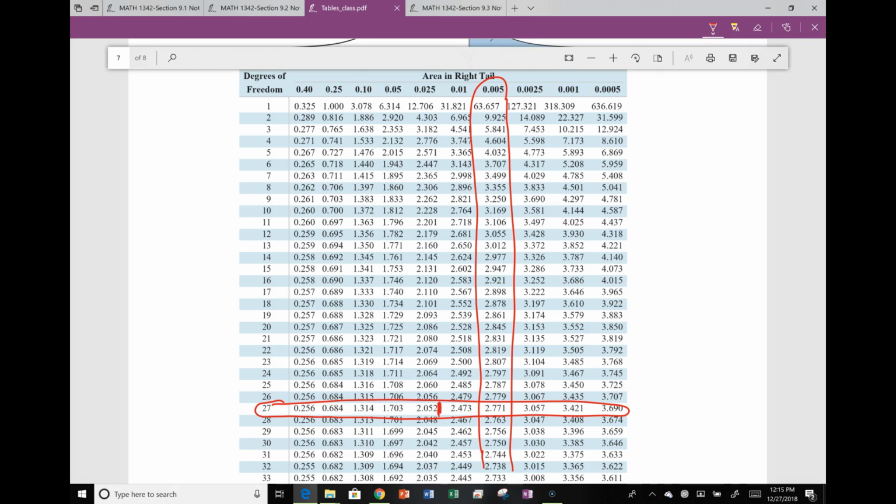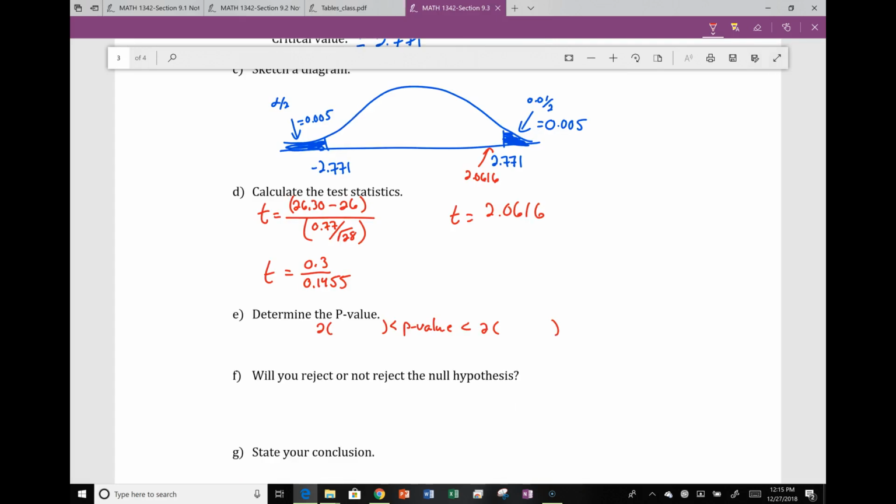It's going to be about right here. Follow that up, and it's between 0.025 and 0.01. Remember, I flip-flop them, 0.01 and 0.025. Multiply both of these by 2, so I get 0.02 and a p-value of 0.05.